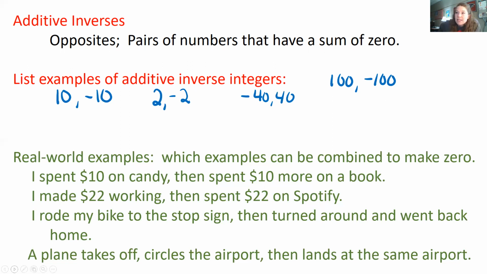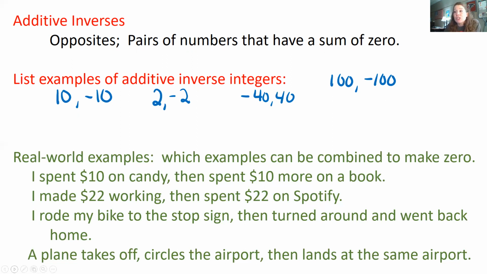All right, so all of these are real world examples that combine to make 0 except the top one, right? So if I made $22, but then I spent $22, I have 0. If I rode my bike to the stop sign and then I turned around and came back home, then how far from my home am I? I'm exactly where I started.